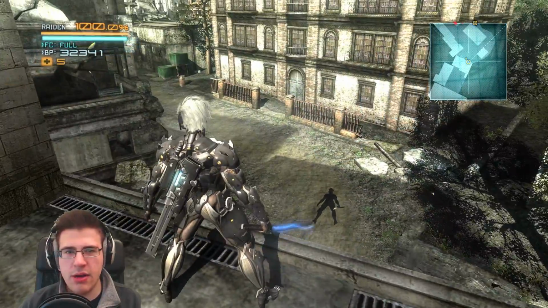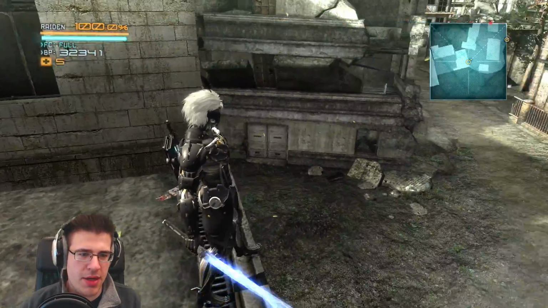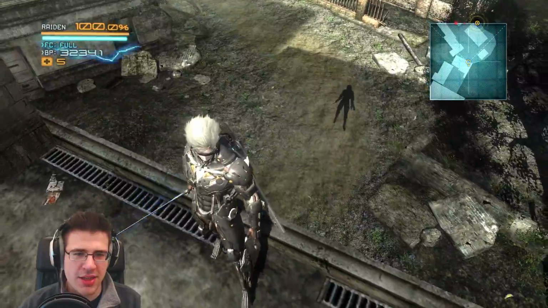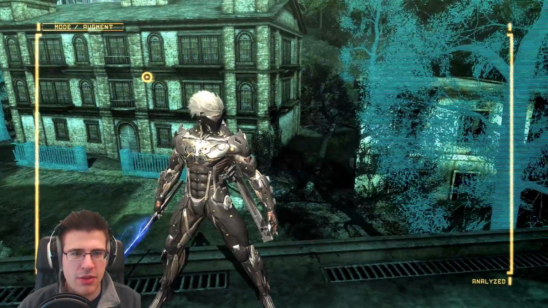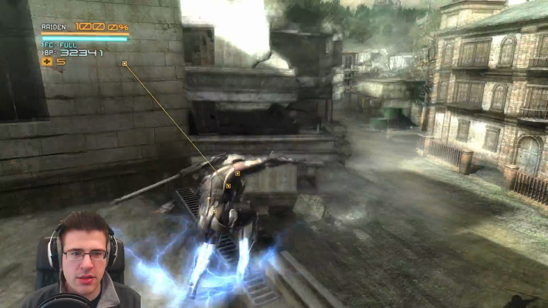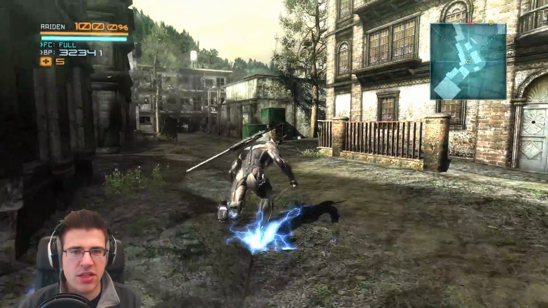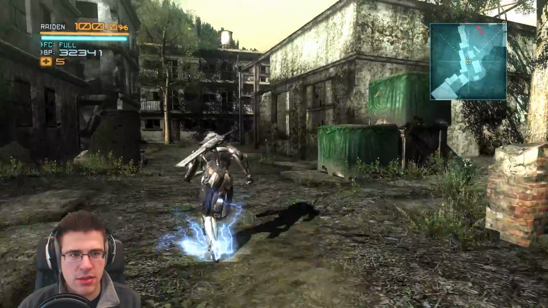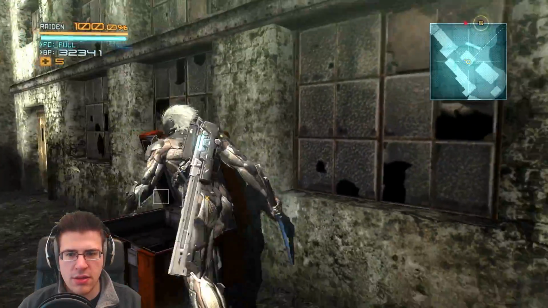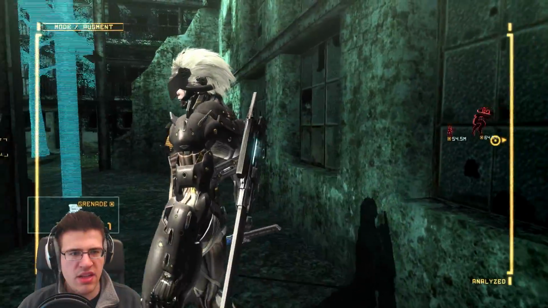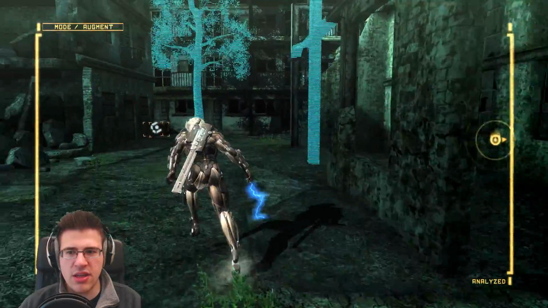Oh, I have quite a lot of BP I could spend, but look at my shadow. It's just flying in the air. Wait. I want to see if there's actually a chest. Ah, it's one of those units again. Oh!